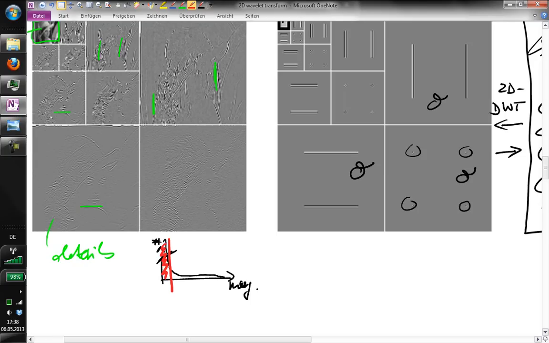And in this case, if I then transform back afterwards, I have, of course, lost some information. However, the information loss may not be perceptually significant. And this is exactly what's happening in the JPEG 2000 compression standard, which is based on the wavelet transform.